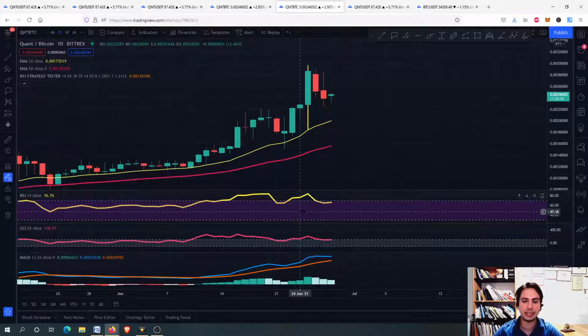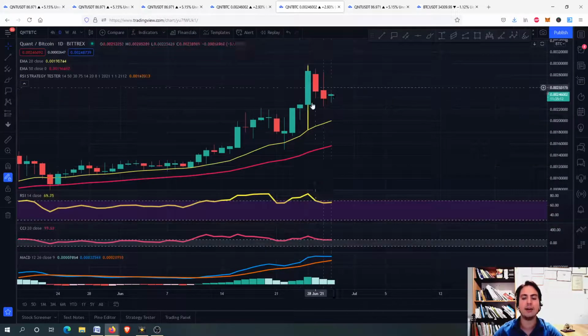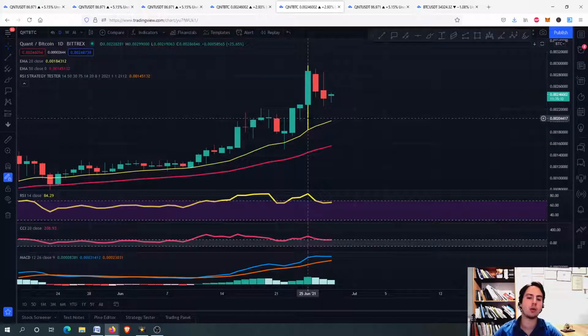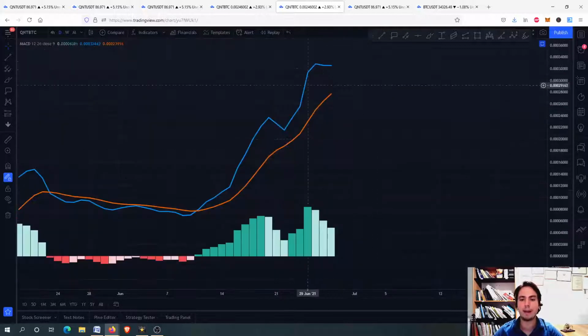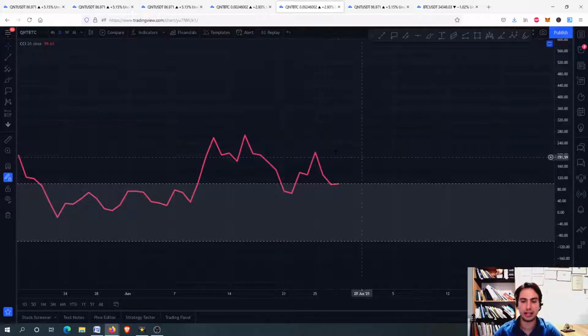And of course, you can see right here as well, we got about the same RSI, a little bit above, but we have some higher in the price. We need to be careful, although we are doing pretty good. You can see the MACD, we haven't had a bearish cross yet, and you can see the commodity channel index. We are flirting around 100, a little bit above, a little bit beyond.